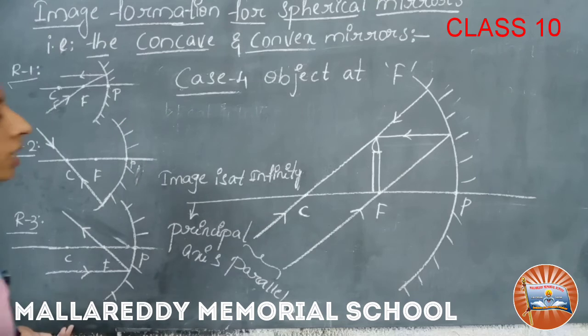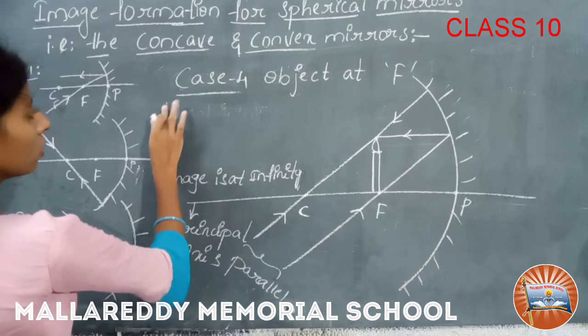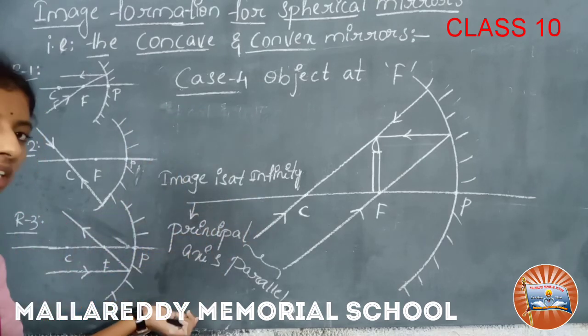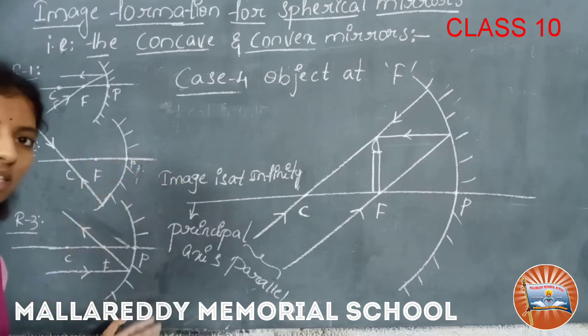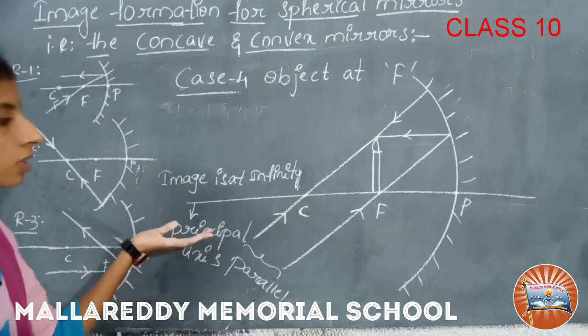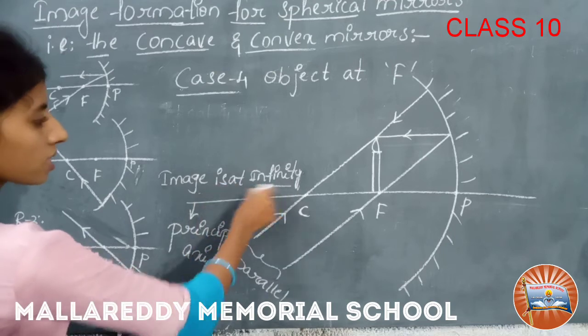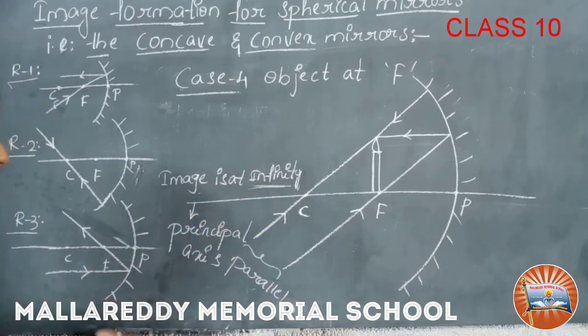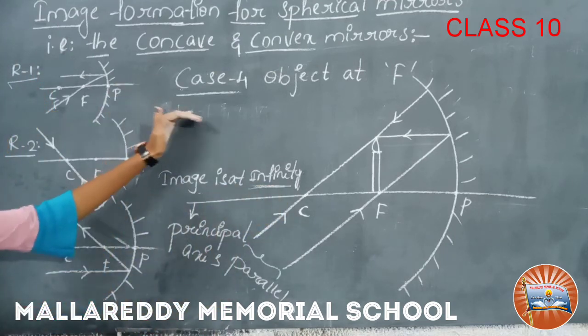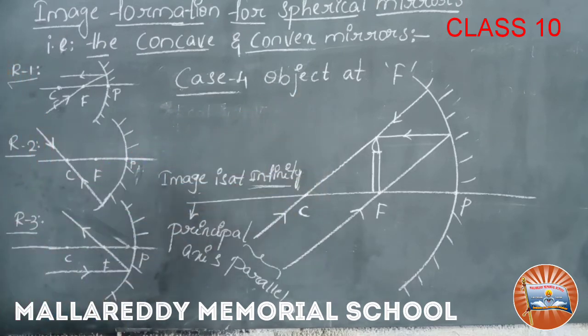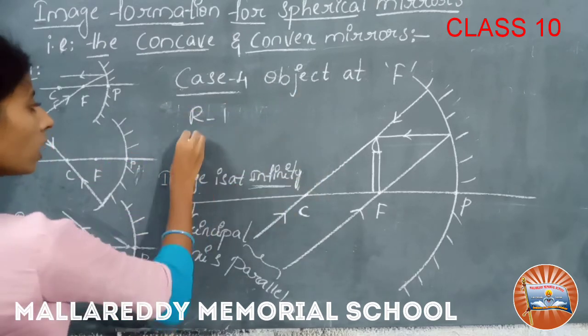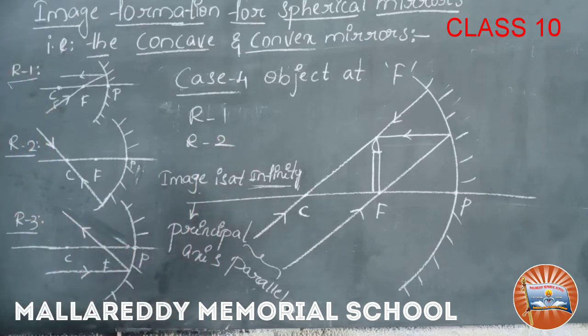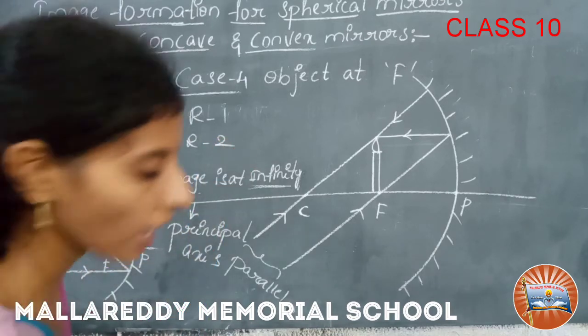Okay, now see, so when the image is at infinity distance, we can't say that it is real or inverted, and the position also, because it is at infinity distance. So this is case 4 when we are taking the object at F. So here we are following rule 1 and rule 2. Okay.